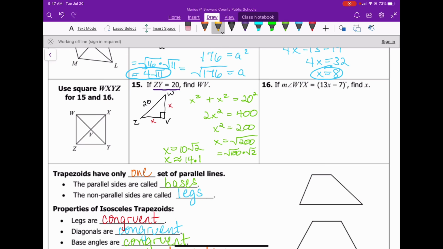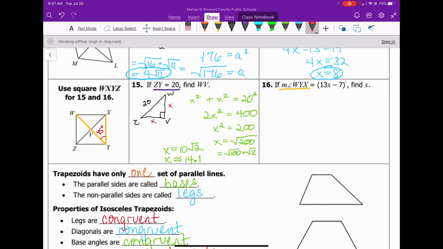they are giving us angle WYX. So let's highlight that angle, WYX. And that's this angle here, which we already know is 45 degrees.